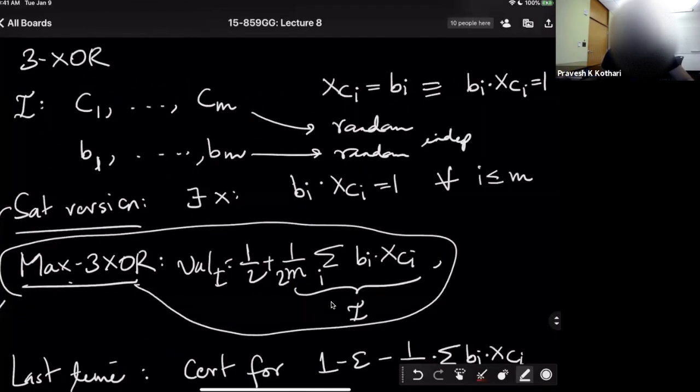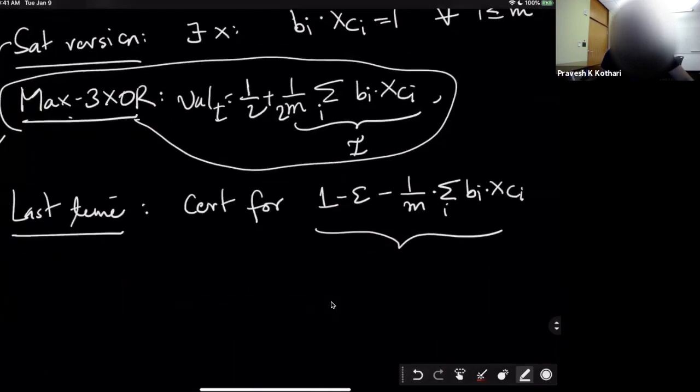And then we proved that, with let's say 99% probability, the true maximum of val I is in fact close to half. It's supposed to be half plus little o of 1, right? That's what we proved.